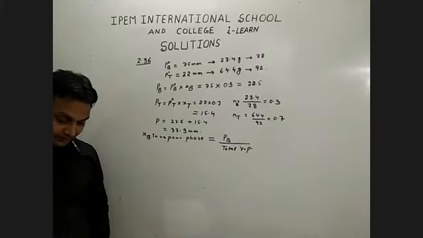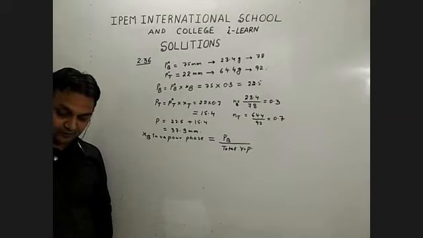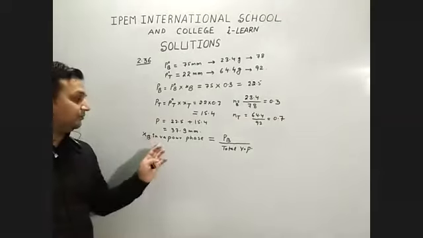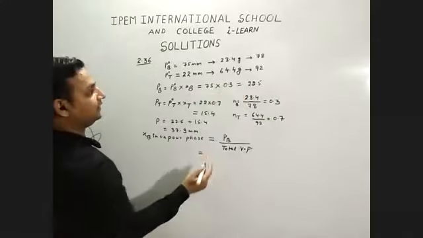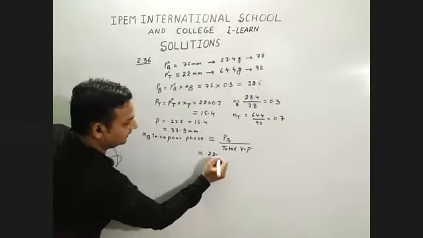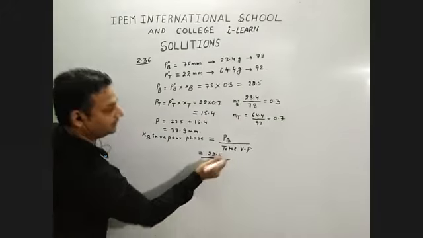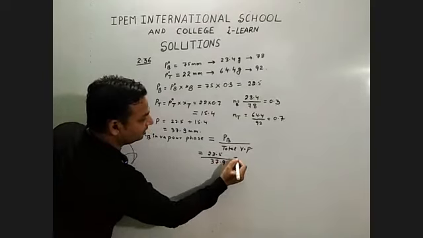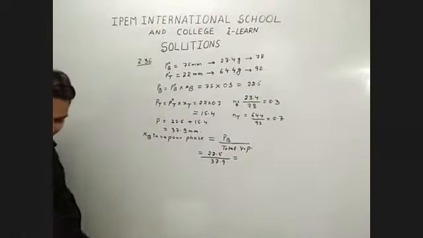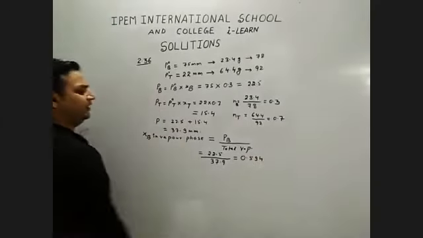PB is 22.5 and the total vapor pressure we have calculated is 37.9. So this comes to 0.593.